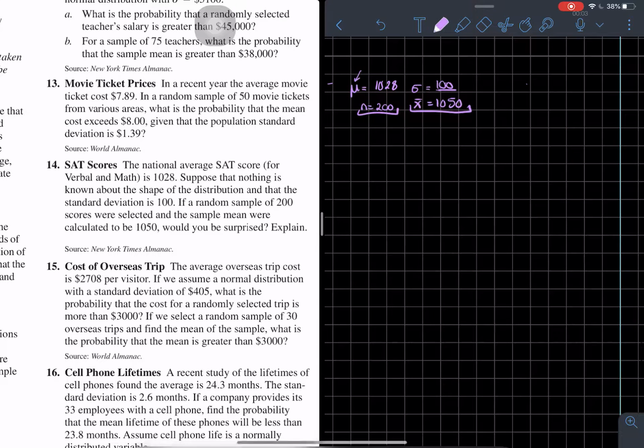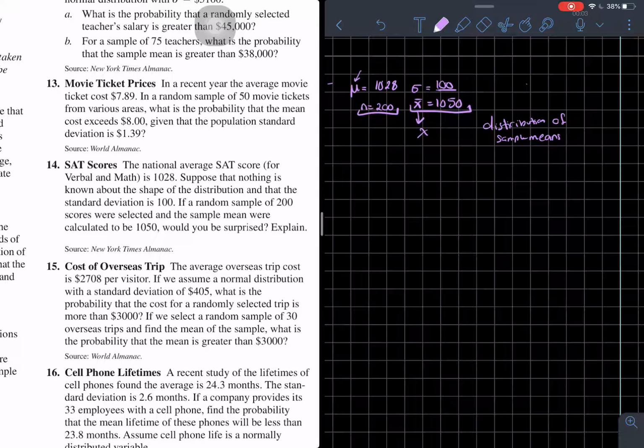So now let's just get something clear. Because I have x bar rather than just any data value x, that means I'm not really looking at a distribution of the data. I'm looking at a distribution of sample means.